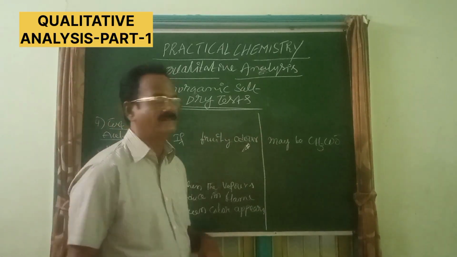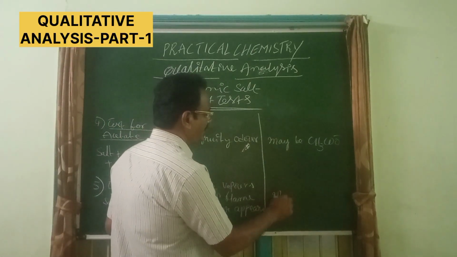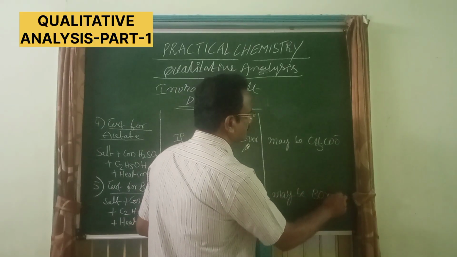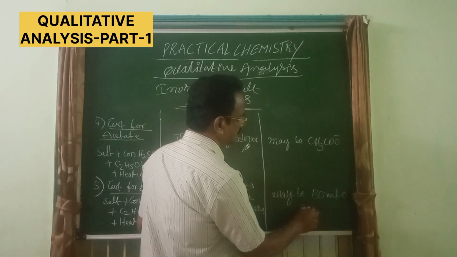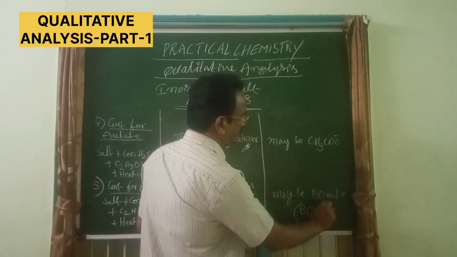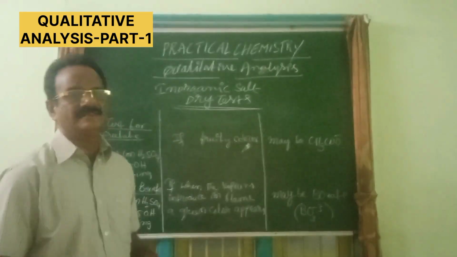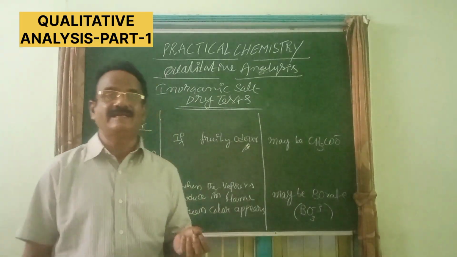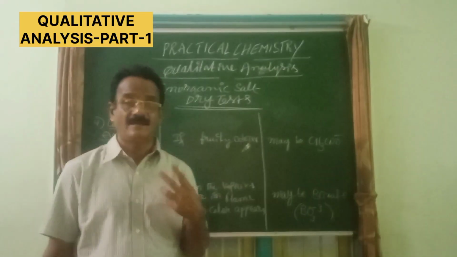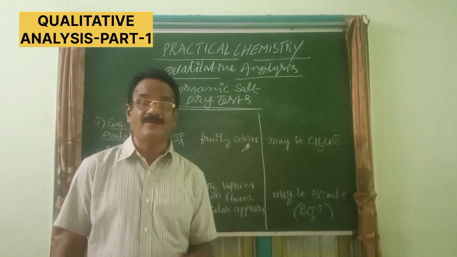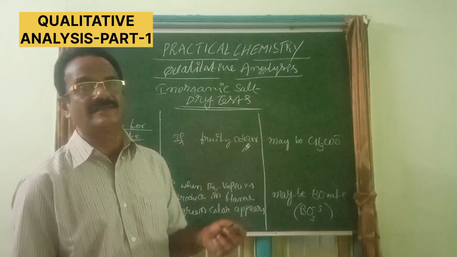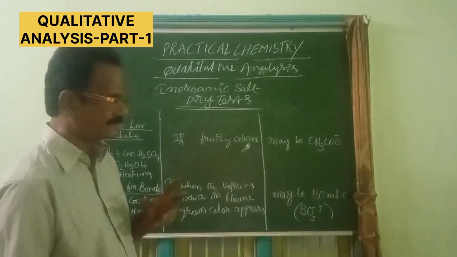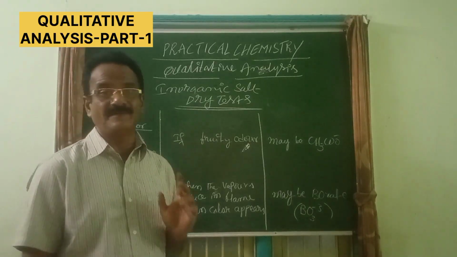This indicates there may be borate. There may be borate. Is it clear? So the vapors are because of triethyl borate. The vapors are triethyl borate vapors. They burn in green color when they are introduced in the flame. Okay. So that ethyl borate is ester. Keep in mind.